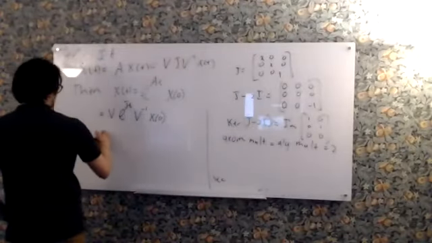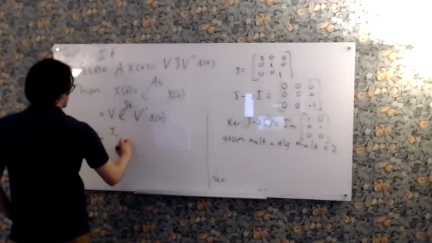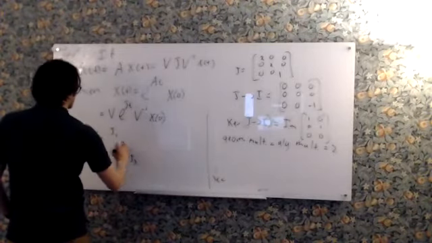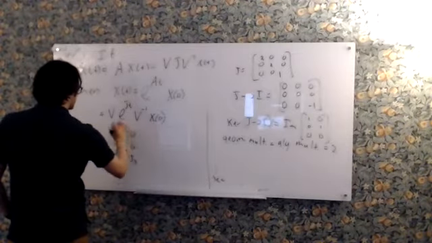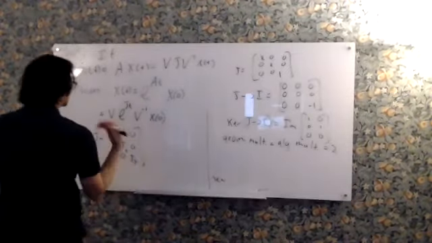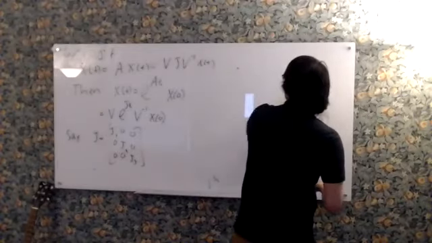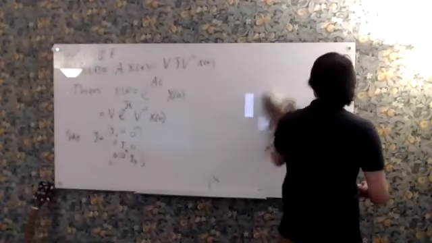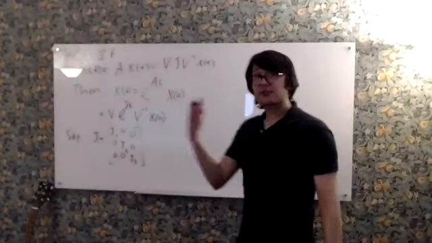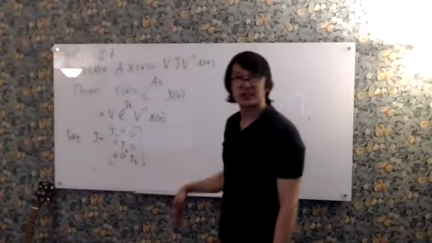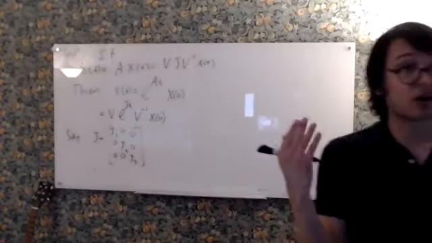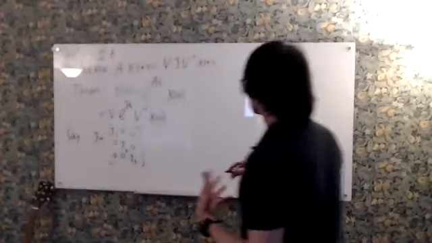Say J is equal to J1, J2, J3 with zeros elsewhere. What we're going to have here is that, by the same argument we made in the past, if the matrix was diagonal, the matrix exponential just takes the exponential of the things on the diagonal. Same thing holds when it's block diagonal.